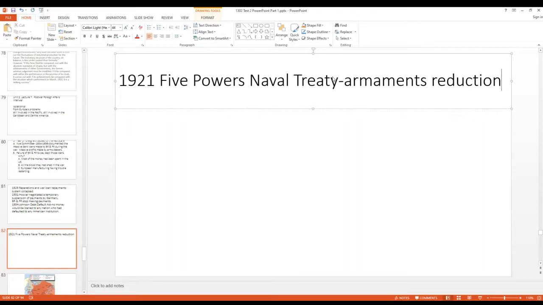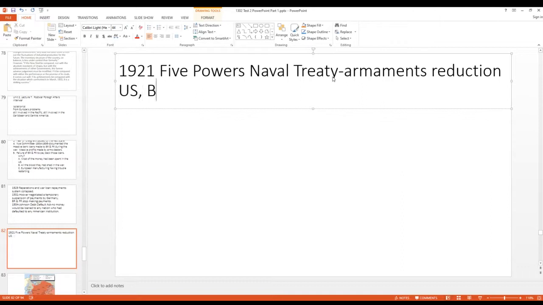The five powers involved here, the U.S., Britain, France, Italy, and Japan, recognized that the naval arms race had been one of the causes of World War I. And so the idea here was to kind of cool off the arms race for the five powers' navies.